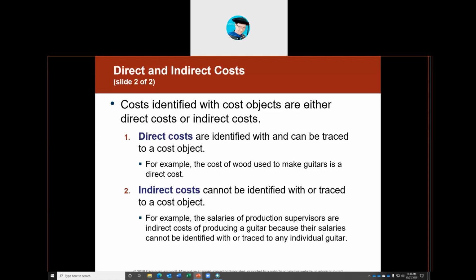Those are things we cannot directly tie to the manufacturing of a guitar, so we classify those as indirect costs. Does it make sense? Are there any questions so far? Are we okay?